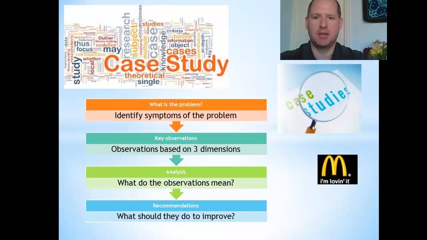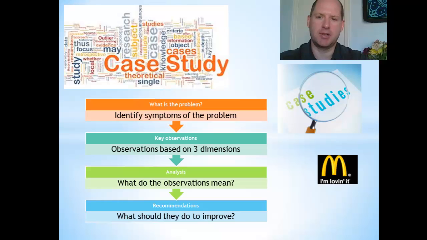And in this course in international business, we're going to tie all the key observations to the three dimensions of business. Then the third step is what do all these observations mean, so the analysis. And then the fourth and final step is what is the solution, or what are your recommendations to improve.